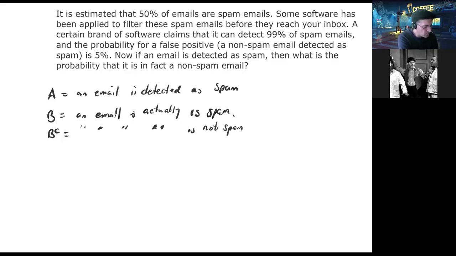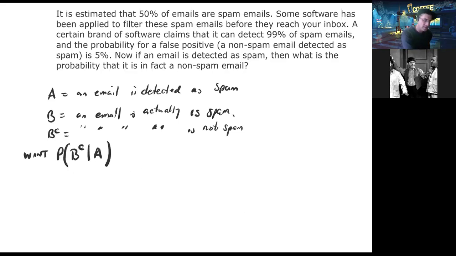Okay, so now what is it that we want? We want to know that if an email is detected as spam, what is the probability that it is in fact non-spam? So what we want is the event that it's not spam given that it was detected as spam. So we want the probability of that.